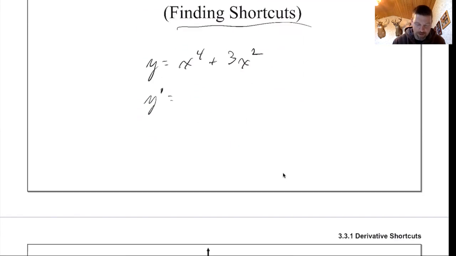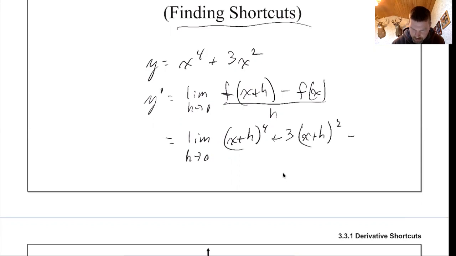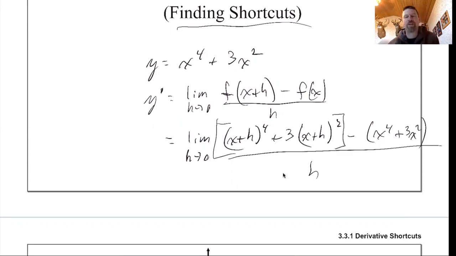You'd have to do the limit as h approaches 0 of f of x plus h minus f of x all over h, which would be the limit as h approaches 0 of (x plus h) to the fourth plus 3(x plus h) squared, minus that whole x to the fourth plus 3x squared, all over h, right? Plugging x plus h in, plugging just an x in, subtracting them, putting them over h.